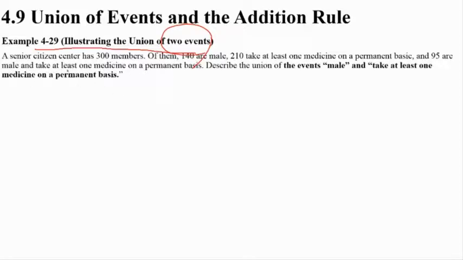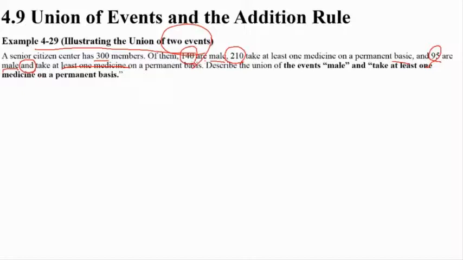Let's say an example with two events. There are 300 senior citizen members in total, and 140 are male. 210 take at least one medicine, and 95 are male and take at least one medicine.